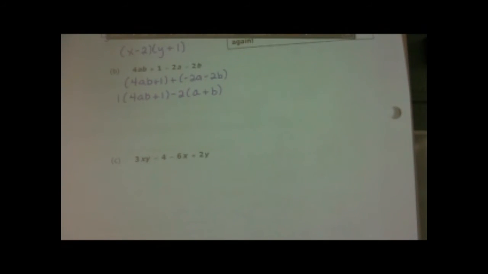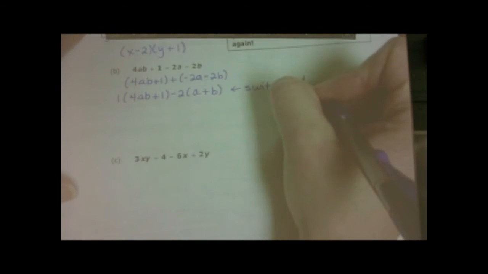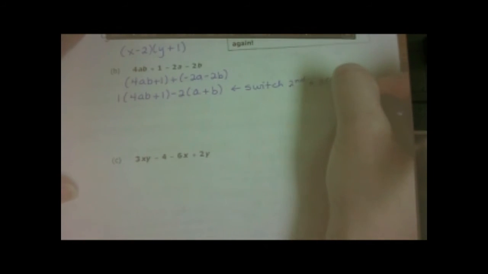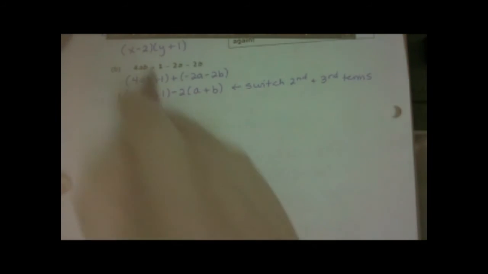All right? But before you give up, remember the trick about switching the two middle terms, the second term and the third term. So switch the second and third terms. And we're going to try again. All right? So here's what we've got.